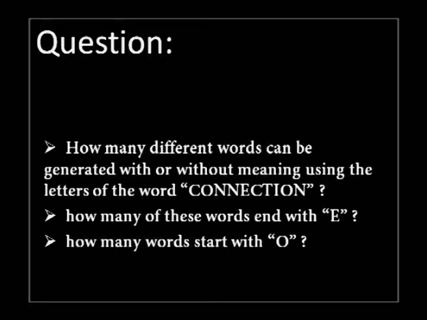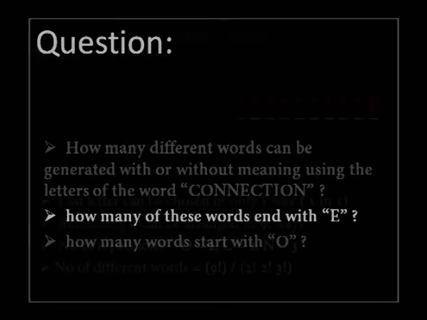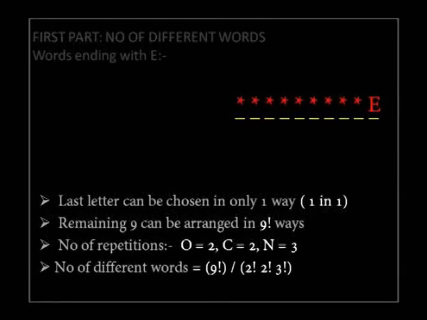The second question is, how many of such words actually end with E? Now, should you try to put in those 10 possible places where a letter can be filled, the last letter has to be E. There is only a single way about it. So we see that the last letter can be chosen in only one way. The first 9 letters, however, can have any kind of arrangement, therefore they can be chosen in 9 factorial ways.